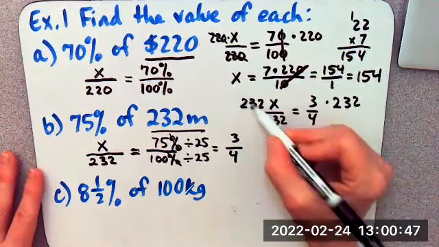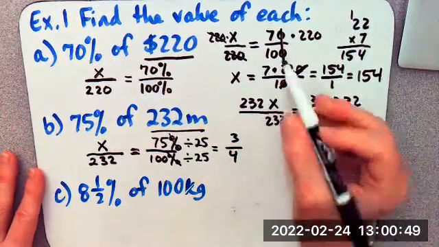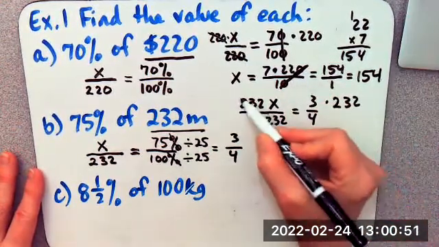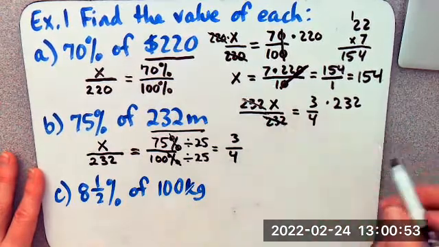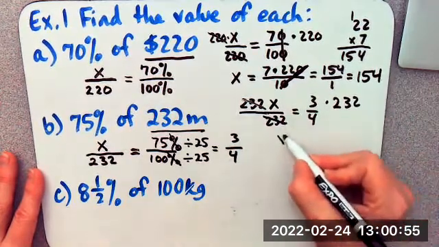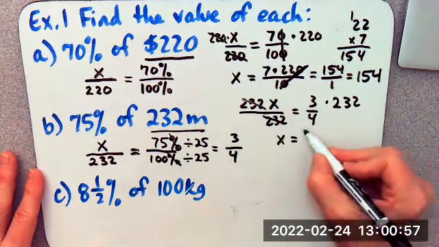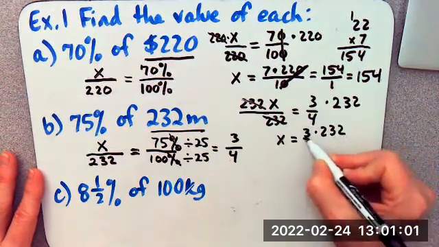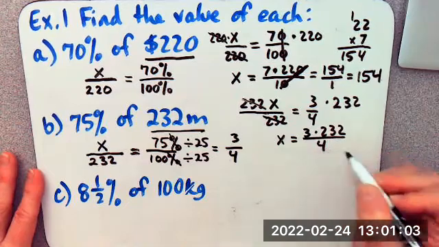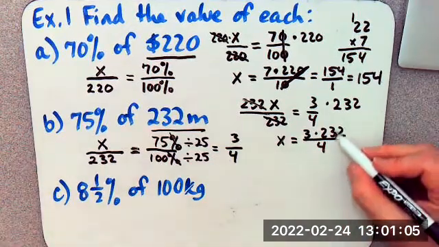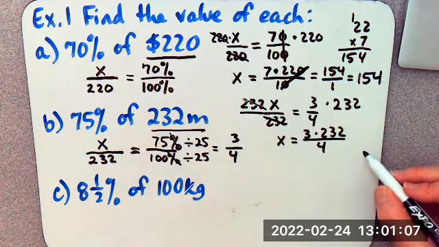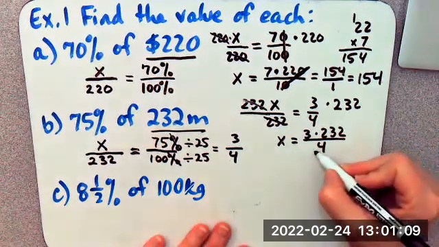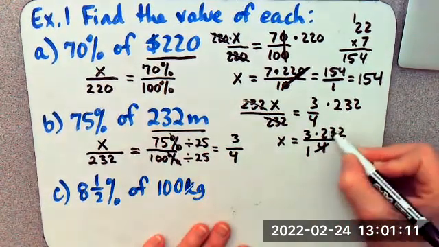If I have 232 over 232, then that cancels out. So then I have x equals 3 times 232 over 4. Now, it would be awesome if this was divisible by 4. And it actually is. So there is 1 4 here.